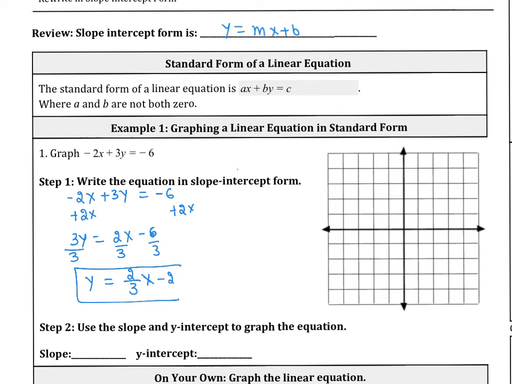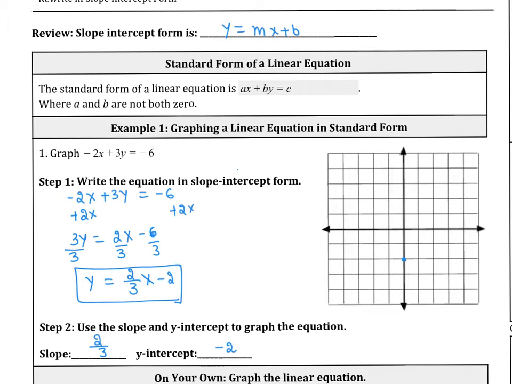So this is an equation in slope-intercept form, where the slope is 2 over 3 and the y-intercept is negative 2. When we graph this equation, we always start from the y-intercept, which is negative 2. So we're going to start from here, that is negative 2. And we're going to move up 2 over 3 because the slope is 2 over 3.